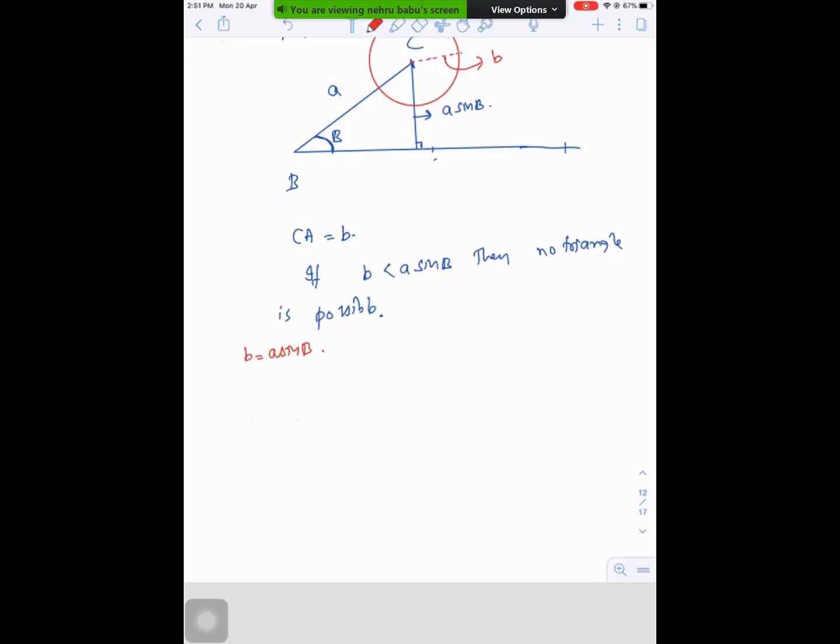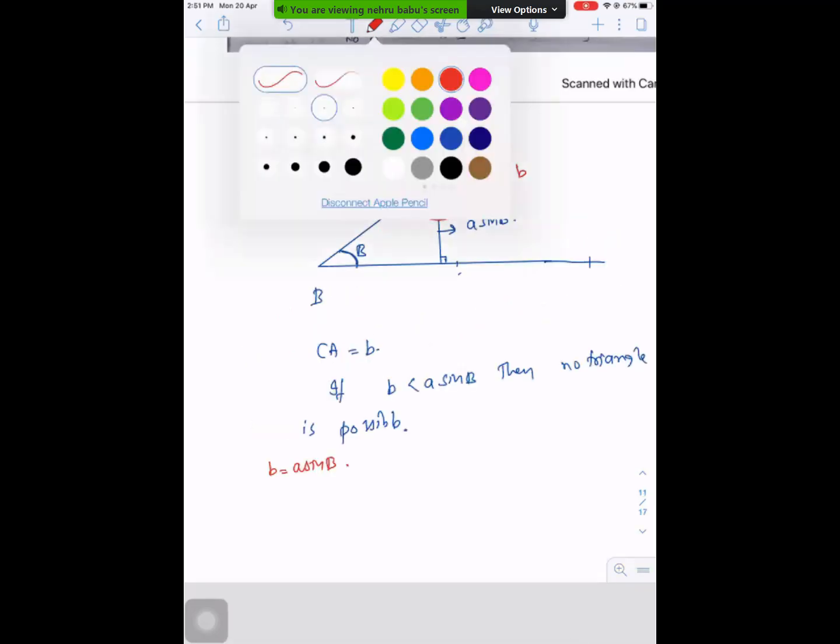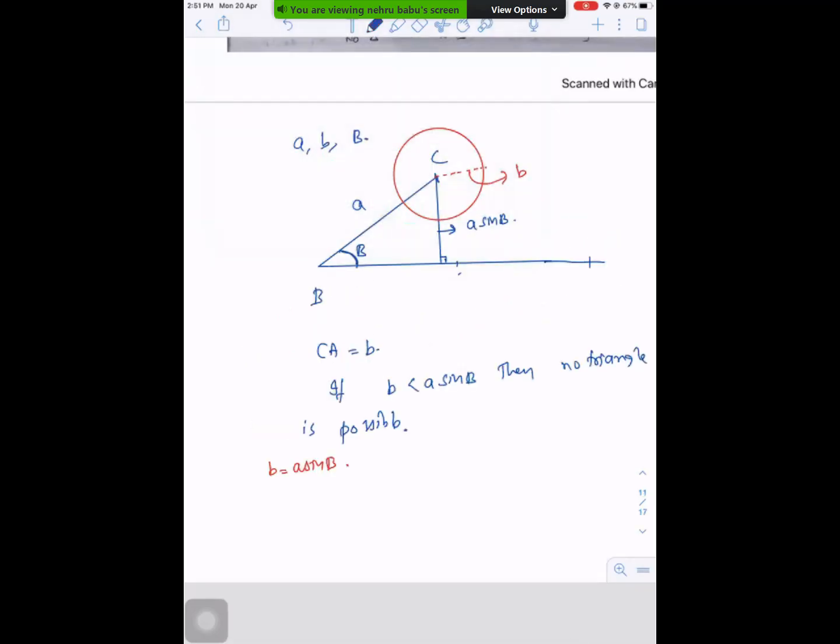Next, the case b equal to a sin B. What happened? In this case, I am drawing one more circle with C as the center.